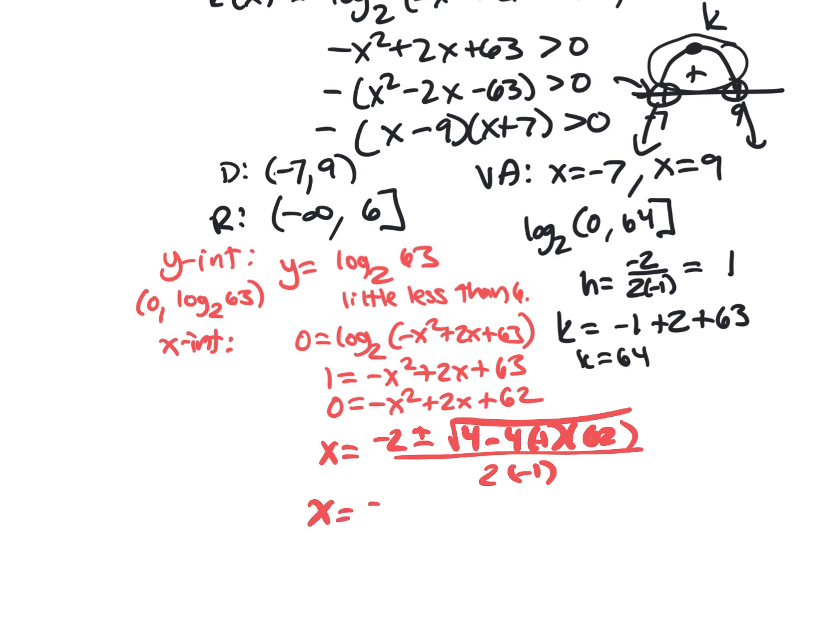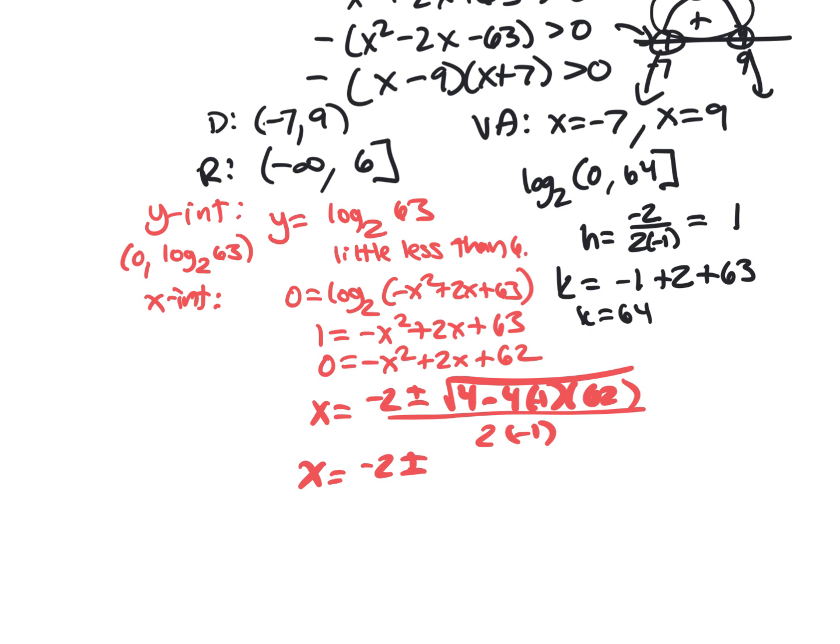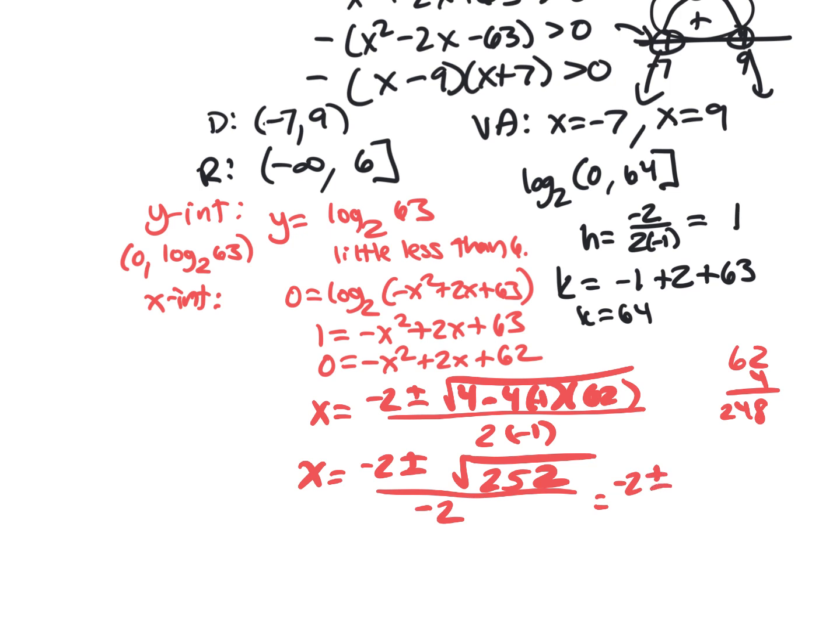So x is negative 2 plus or minus, so let's see, we're doing 62 times 4, 248, plus 4. So plus or minus the square root of 252 over negative 2. All right, and let's see. Yeah, 4 is going to go in there. So negative 2 plus or minus, take out a 2.